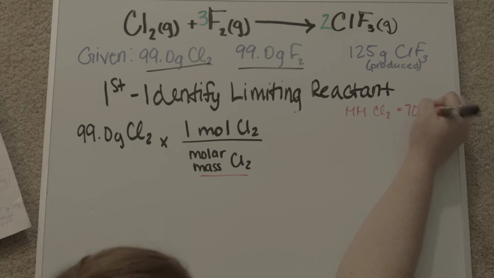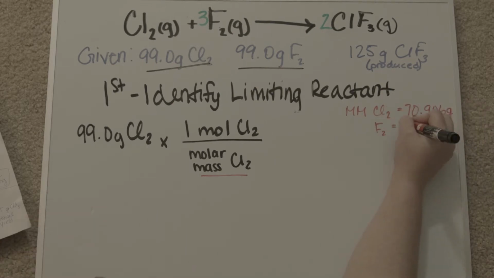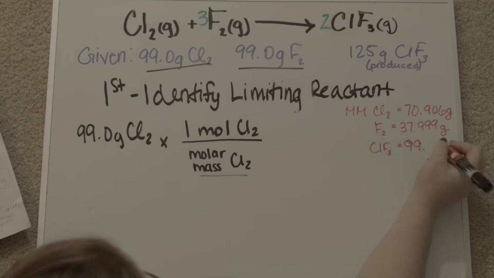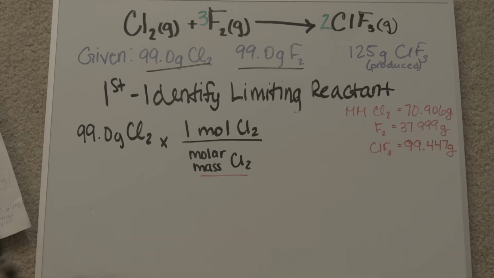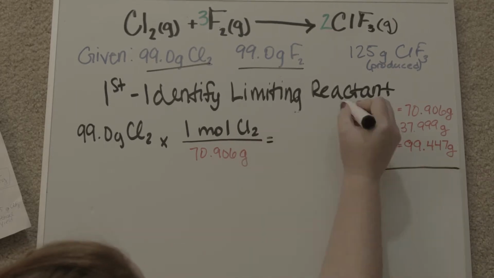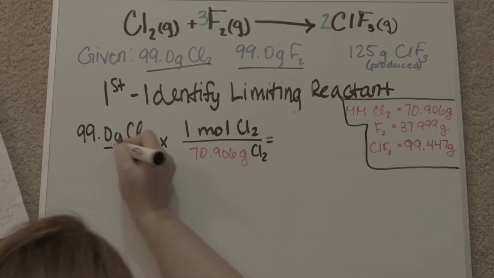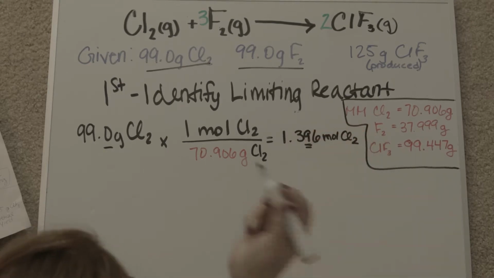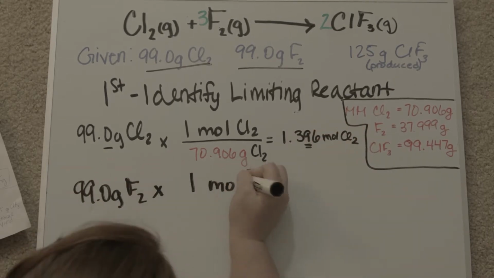I kind of forgot to write that down earlier. So the molar mass of chlorine is 70.906, fluorine is 37.99 grams, and then chlorine trifluoride is 99.447. We will use those. Okay, so you would do 99.0 grams of chlorine divided by 70.906 grams of chlorine, and you get 1.396 moles of chlorine.